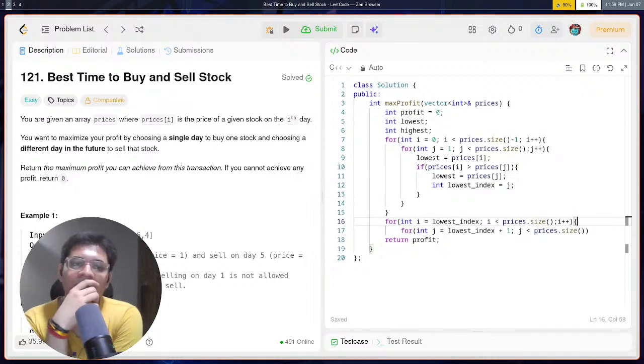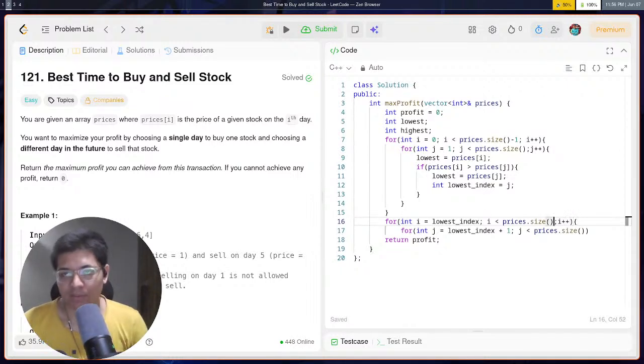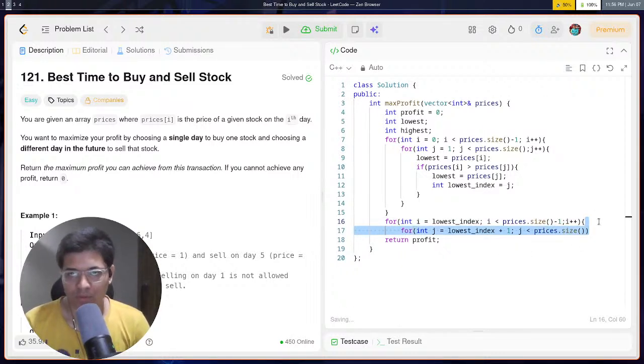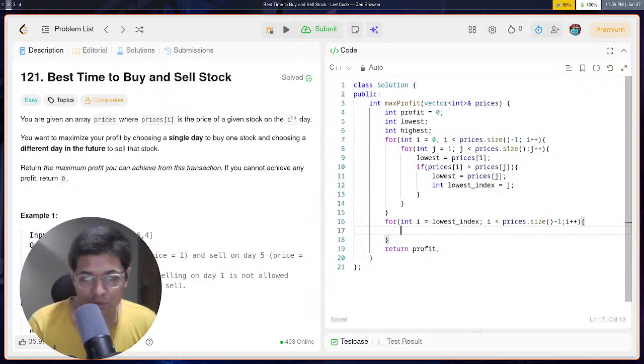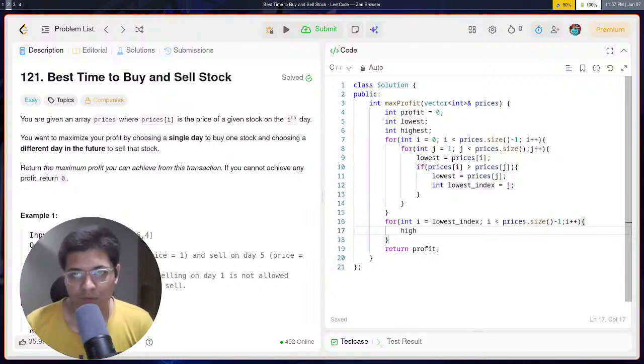But why am I taking two loops? Genuine question. I can just minus 1 here, and then I can just type this: highest equal to prices lowest index.